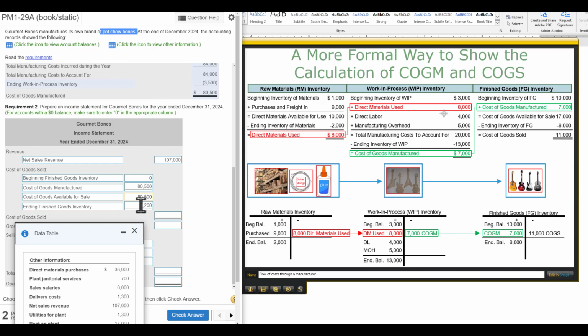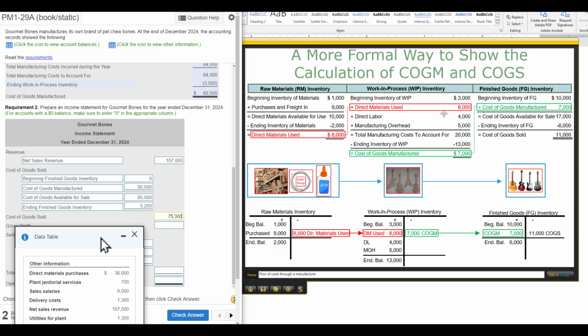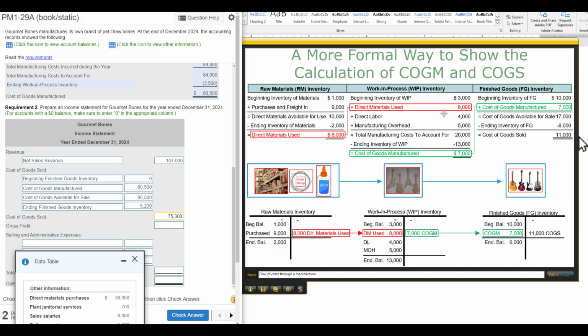At the end of the period, in this case, end of the year, there were only 5,200 left. So why did it go from 80,500 down to 5,200? Because we must have sold the difference. So 80,500 minus 5,200 gives us cost of goods sold of 75,300, which is this number here. So we've calculated cost of goods sold.